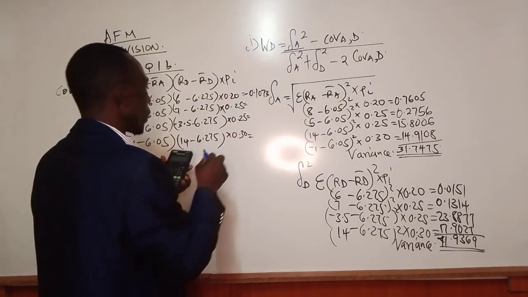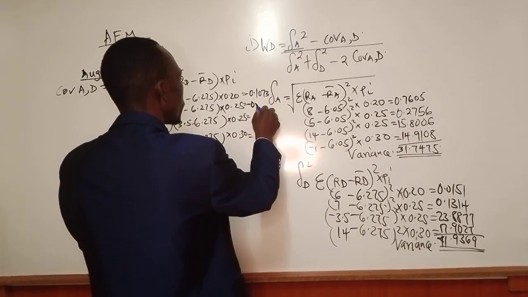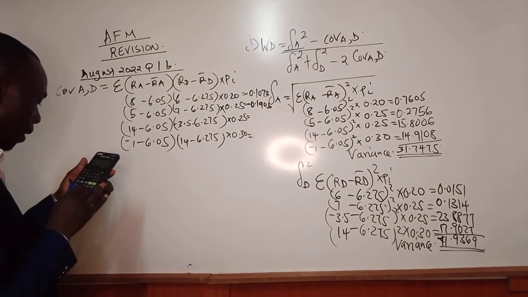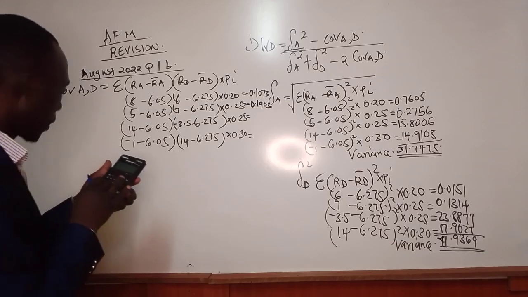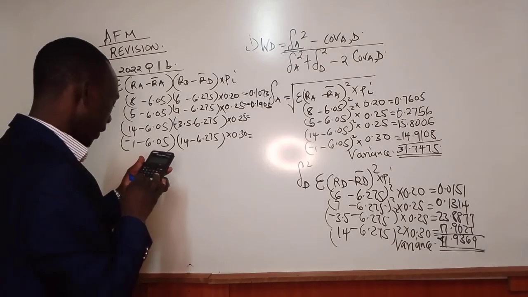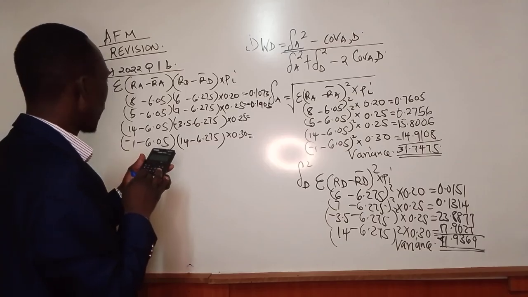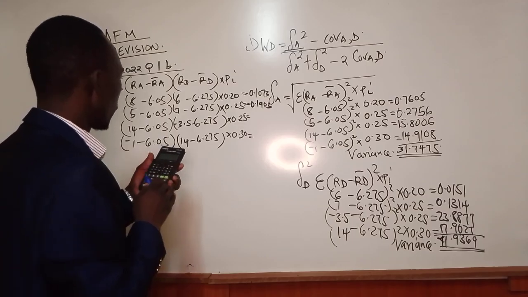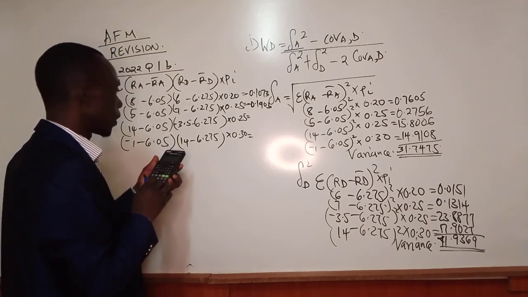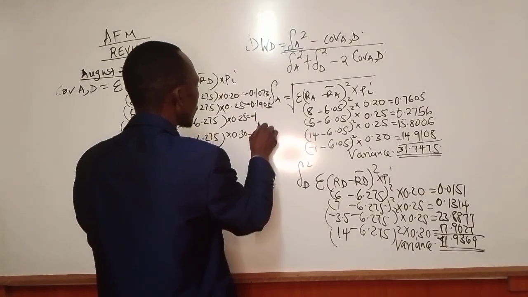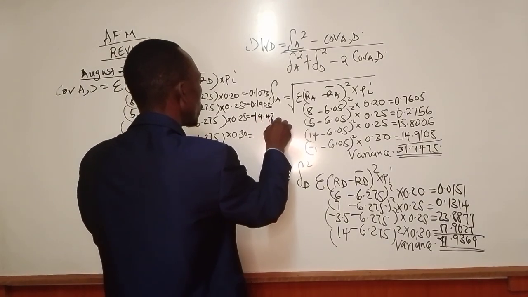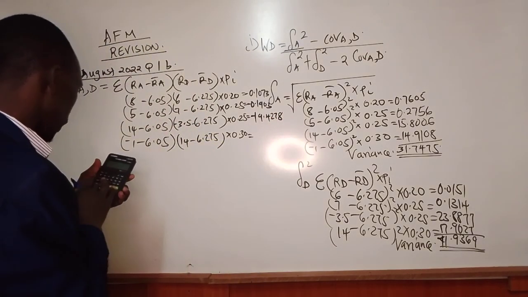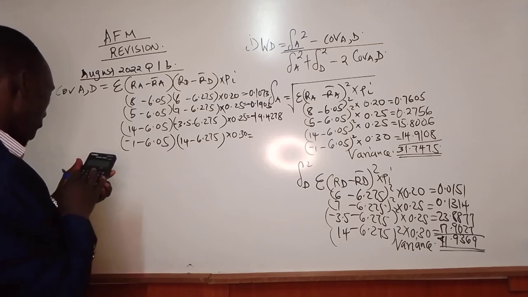So this one will give us again negative 0.1903. Then we go to the next one, 14 minus 6.05. Then we have negative 3.5 minus 6.275. Then times 0.25. So this one will give us minus 19.4278.